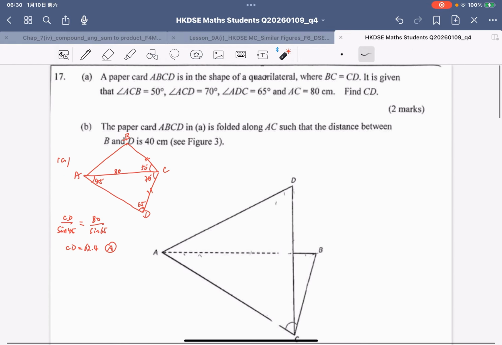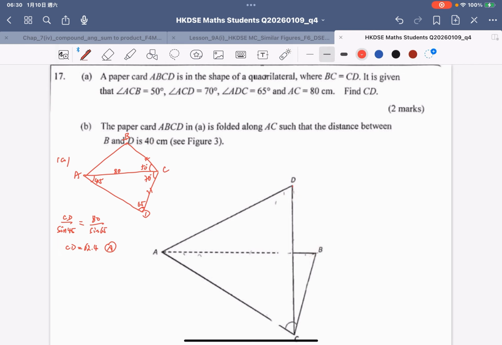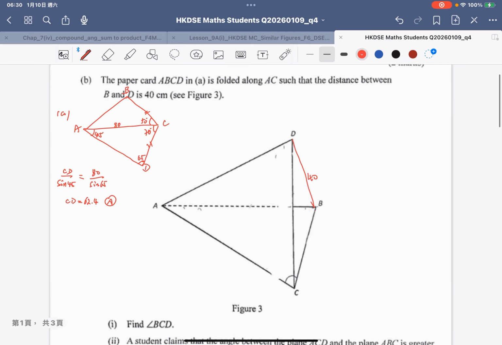Now the paper card ABC is folded along AC, such that the distance between B and D is 40. I think it is better to draw the corresponding lengths.